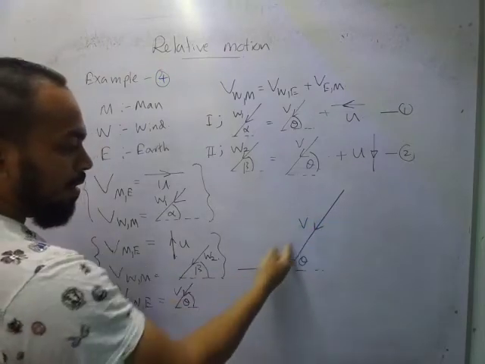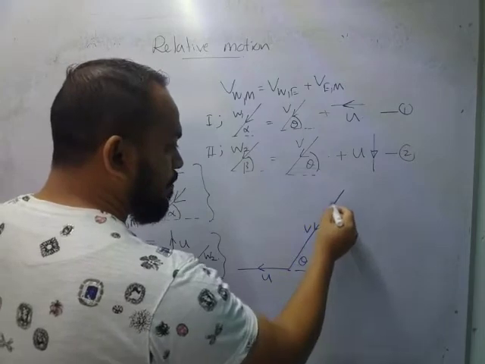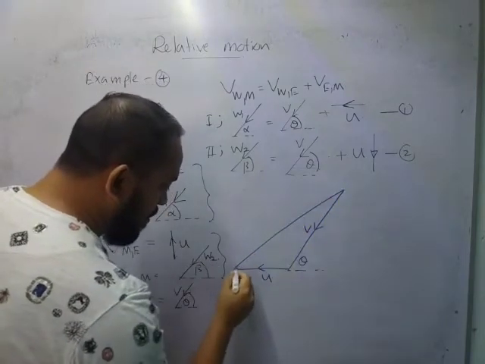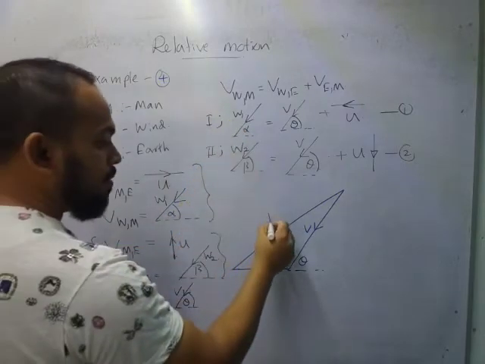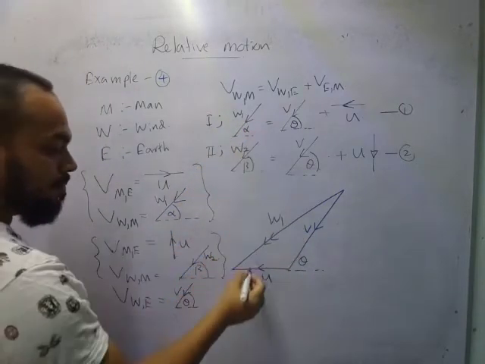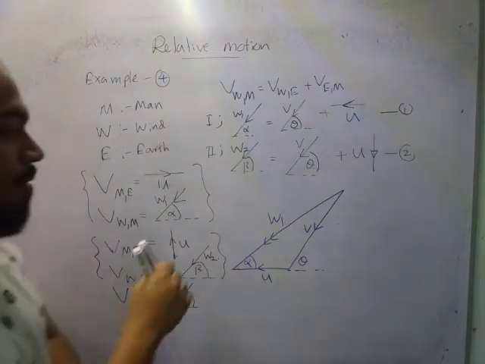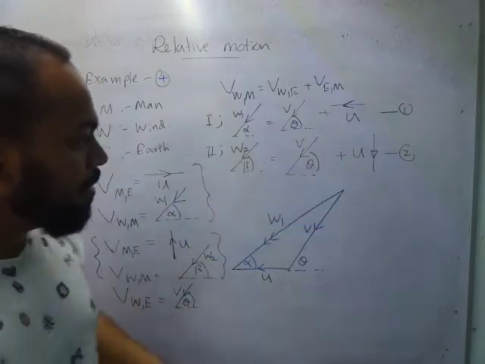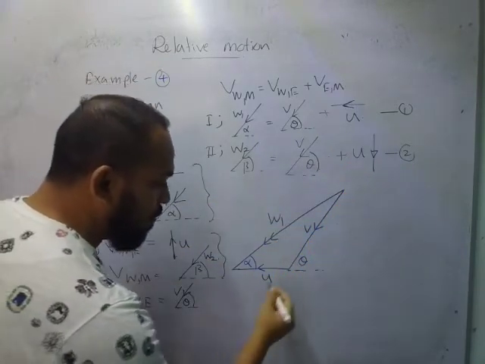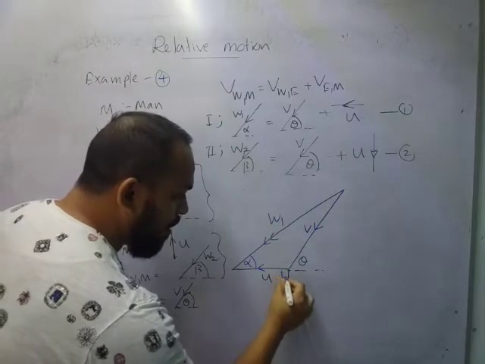Then the resultant of these two is this. What is this resultant? This resultant is W1 and alpha. Mark alpha here. Next scenario. The same V theta, then u downward. Here you know there will definitely be 90 degrees.